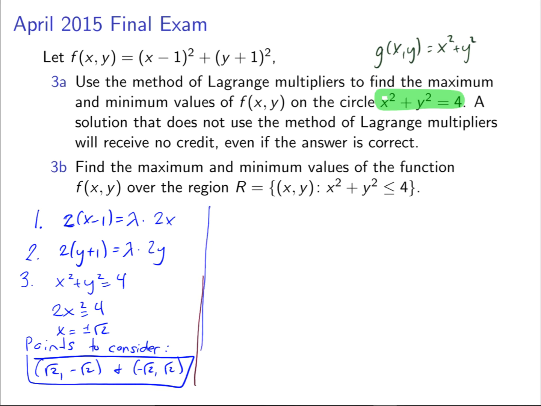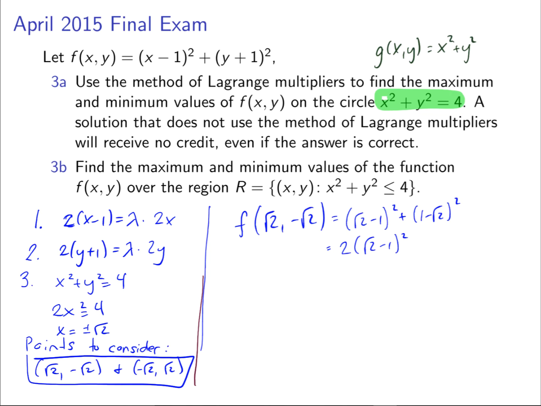I know the max and min of my function over this constrained curve will be at one of these two places, so I plug them into my curve. When x is the square root of 2 and y is the negative square root of 2, the value I get is this. Since these terms are both squared, it doesn't matter whether I have the positive version or the negative version.